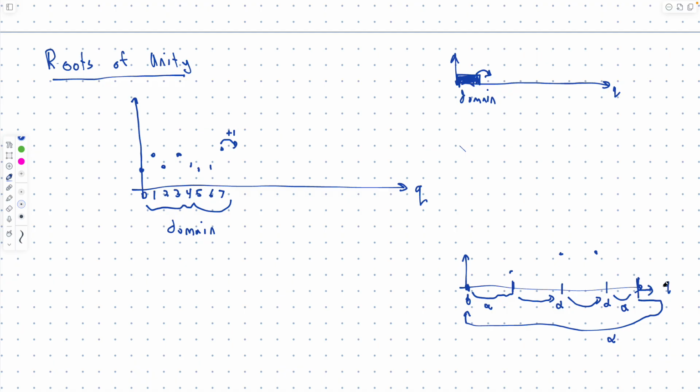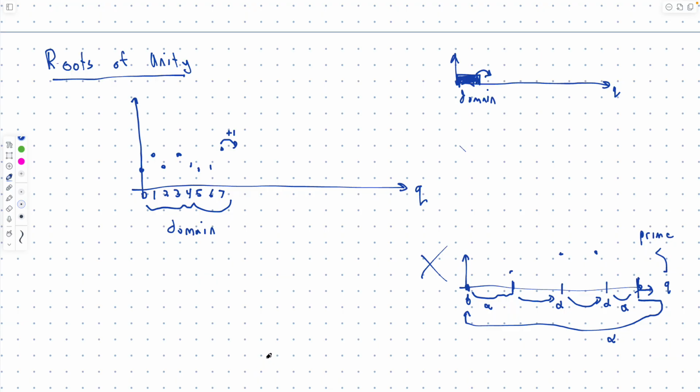Strictly, right? What does it mean to be prime? It means there's no divisors of it. So once I say there's q elements, there's no possible way I can divide them into sets of alpha that are the same size. I just can't evenly divide, okay? So this approach will just never work.